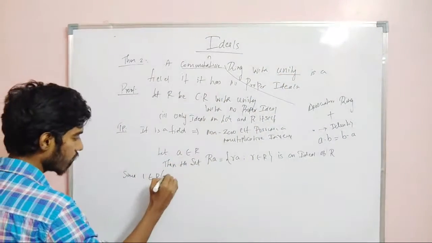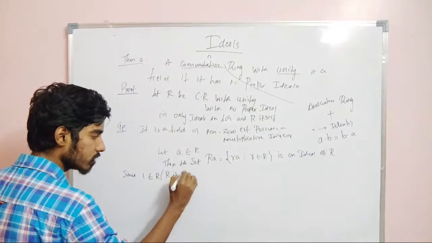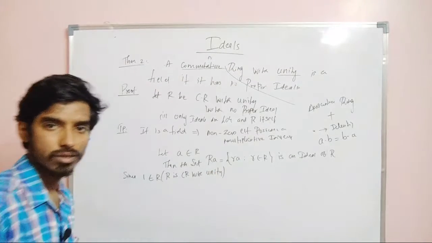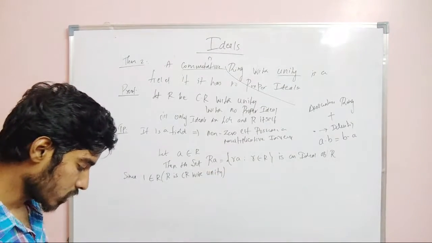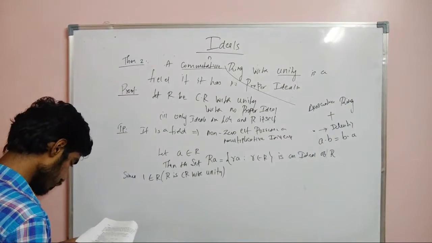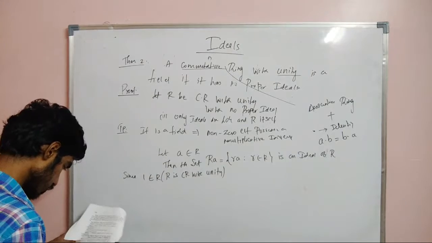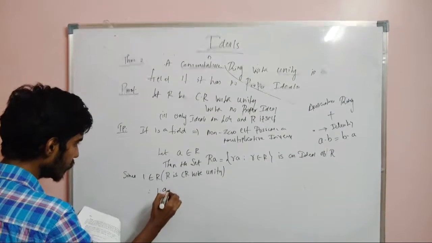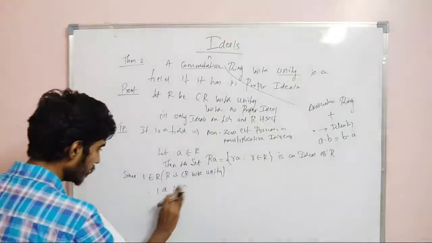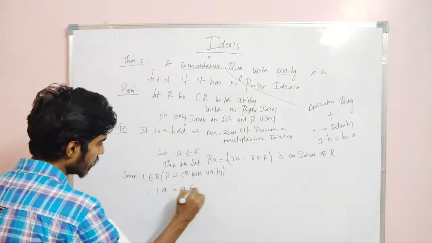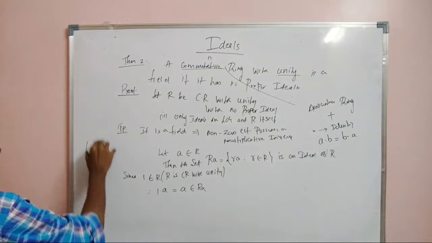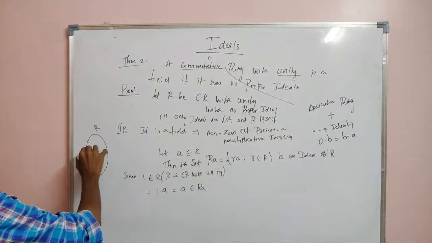So since 1 belongs to R, because R is a commutative ring with unity, it has the number 1 in R. Now what about 1 into A? 1 into A is equal to A, and this will be in RA, the ideal, because here we have a commutative ring and I am taking the ideal RA.